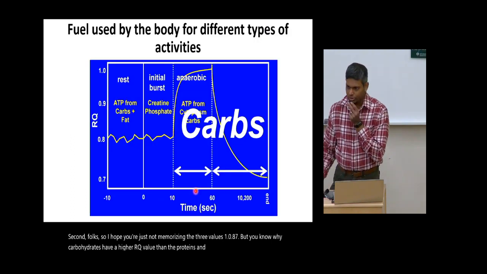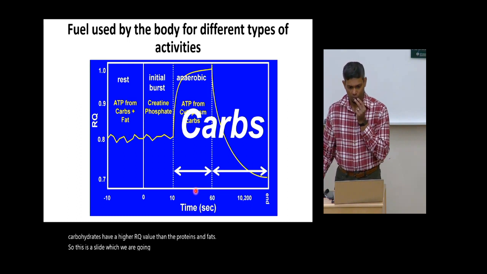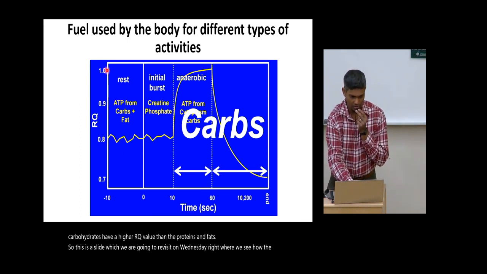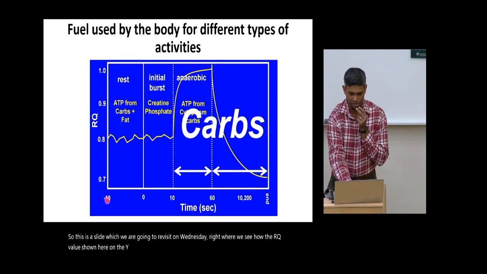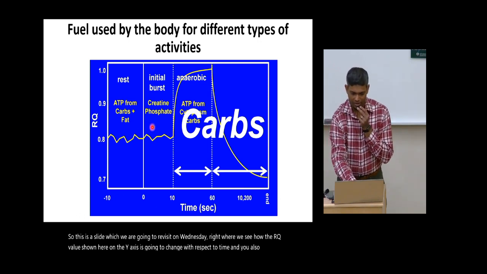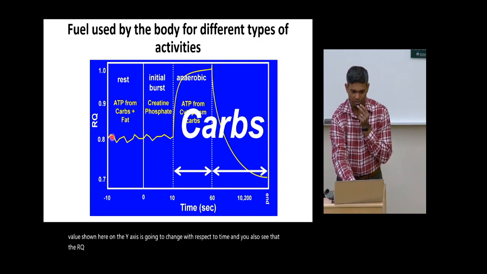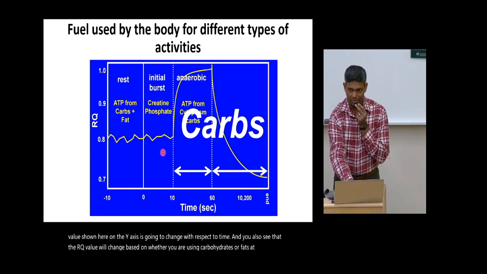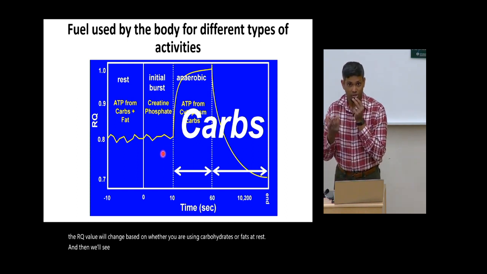This is a slide which we are going to revisit on Wednesday, where we see how the RQ value shown here on the y-axis changes with respect to time. You also see that the RQ value will change based on whether you're using carbohydrates or fats at rest, and then we'll see what happens when you're using creatine phosphate.